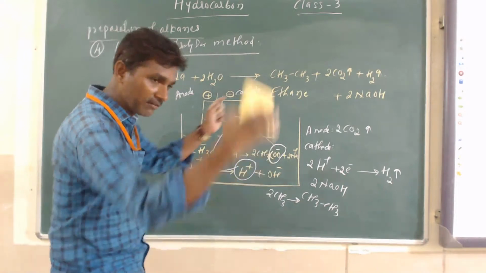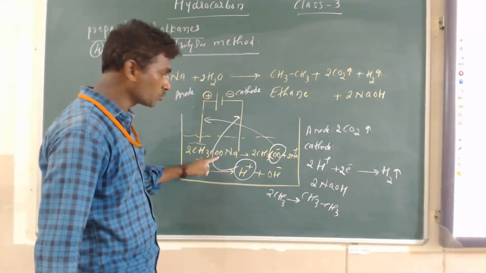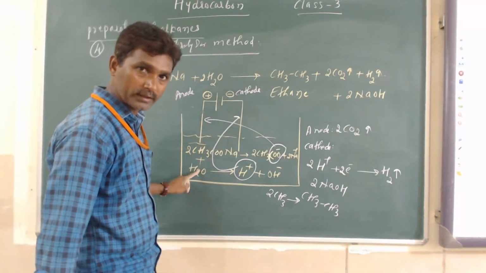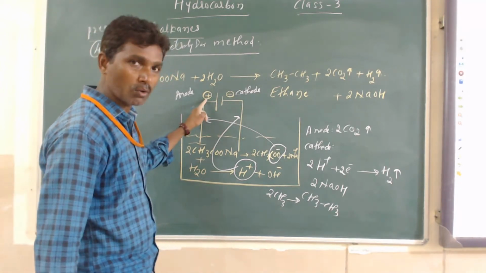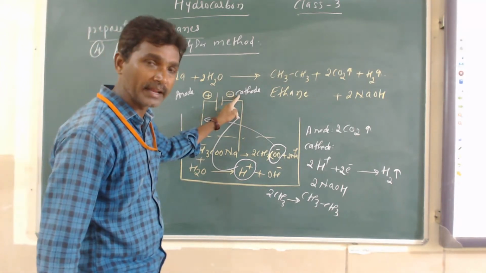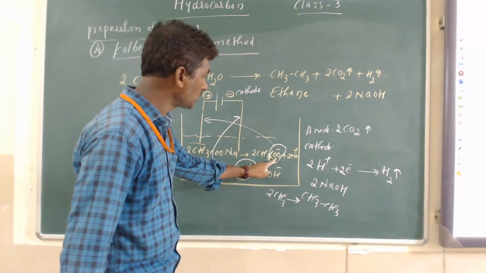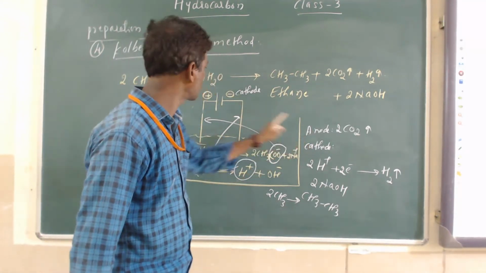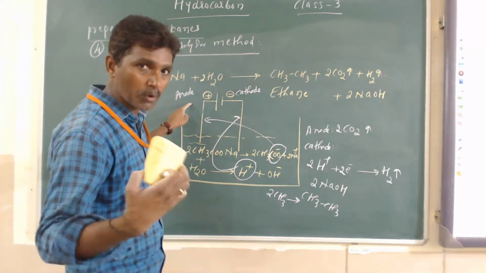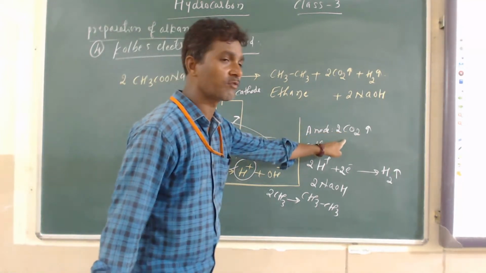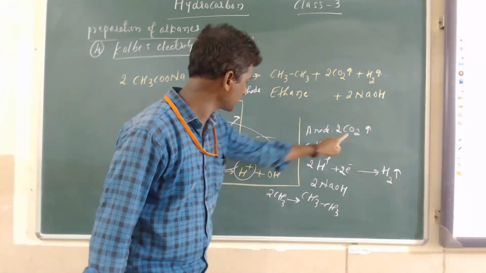It means in a vessel or a container, you take sodium acetate plus water. You put 2 electrodes, one positive electrode and one negative electrode. When the reaction is taking place, this CH3COO minus moves towards the anode, the positive terminal of the battery. By loss of electron, it gives CO2 gas.